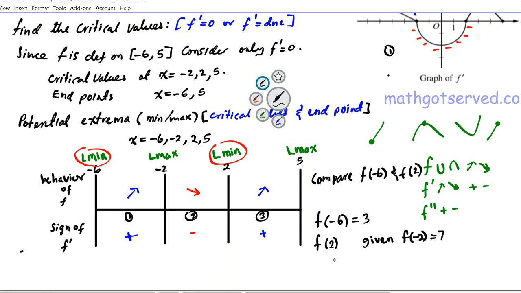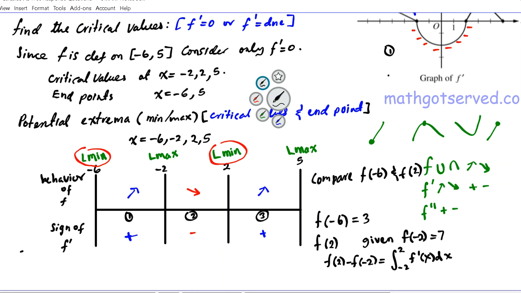So how do you find f of 2 given that f of -2 is equal to 7? We're going to use FTC1 again. So f of 2 minus f of -2 is equal to the integral from -2 to 2 of the derivative dx.